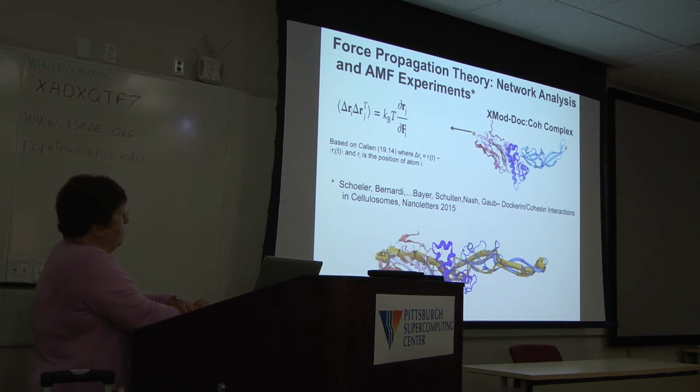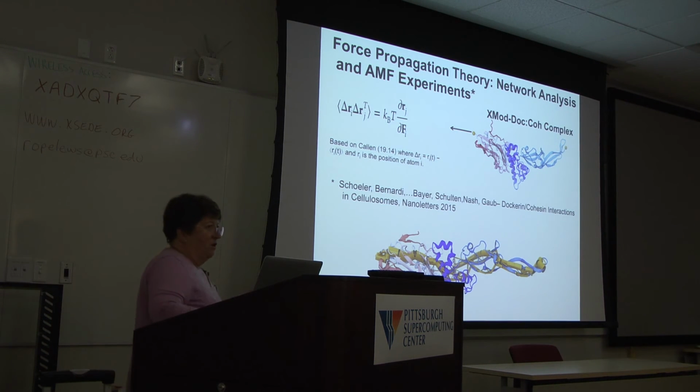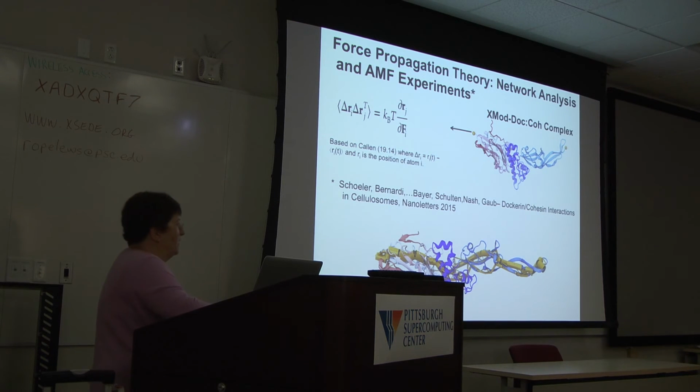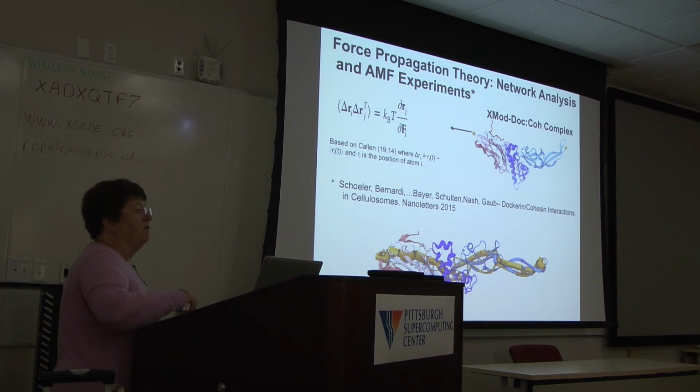And so people who do AFM experiments, so here is a complex, it's a dockerin-cohesin interaction that is in cellulosomes. It helps the bacteria stick to the plants that it's trying to chew up, and you start pulling on those and do a network analysis. That's the optimal path, and that's where you're pulling. Right? So it's a beautiful demonstration of just how you can use these correlations.